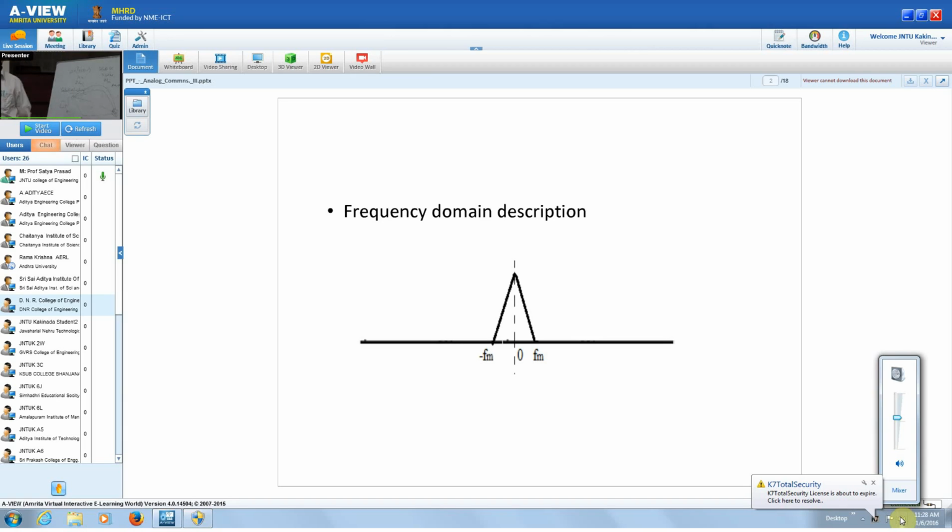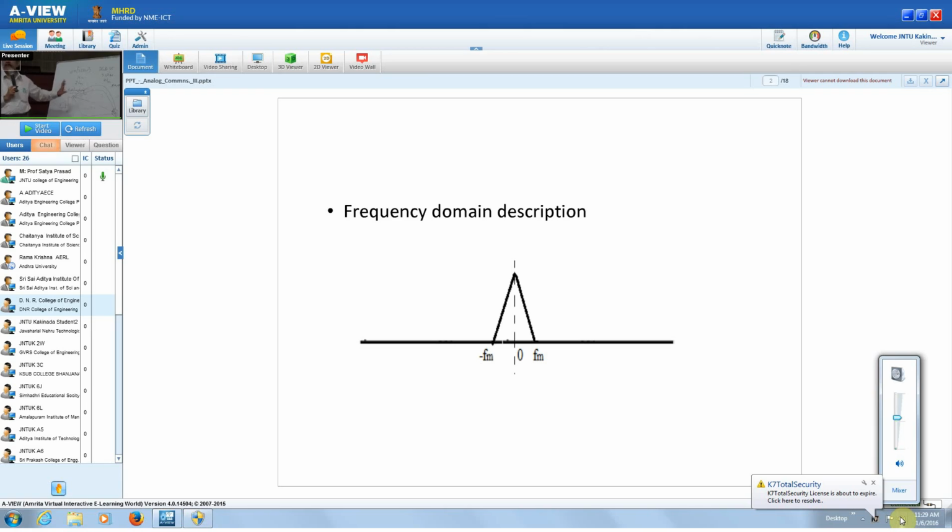And another one that we are going to have is selective fading. As we are seeing, the time it takes for the different frequencies is going to be of different phase variations. So some frequencies may be attenuated completely, and some frequencies may be received at your receiver.